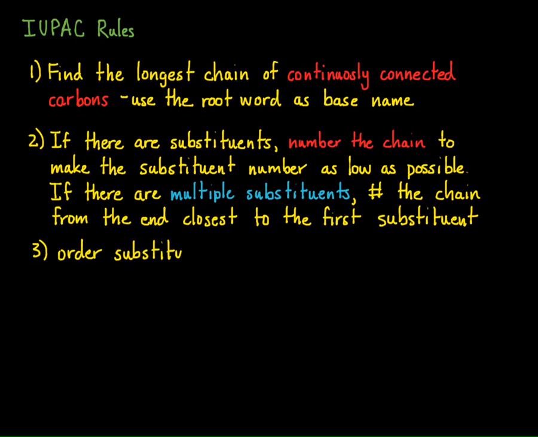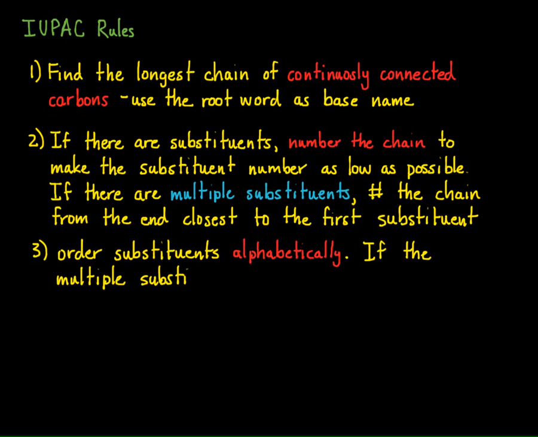Then you simply name the substituents and you order them alphabetically, right? So if I have a methyl group and a bromo group, I would name the bromo substituent before the methyl substituent. B comes before M. If the multiple substituents are identical, then you're going to use di, tri, tetra, and so on and so forth.